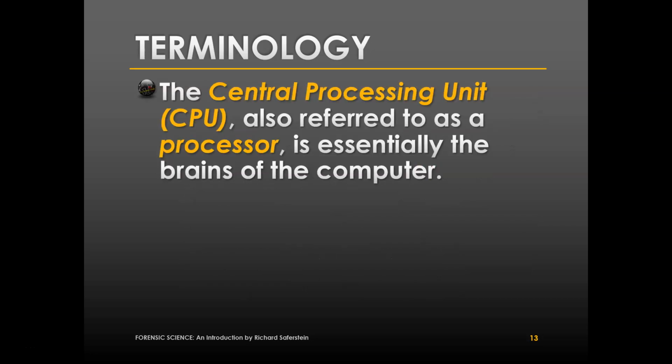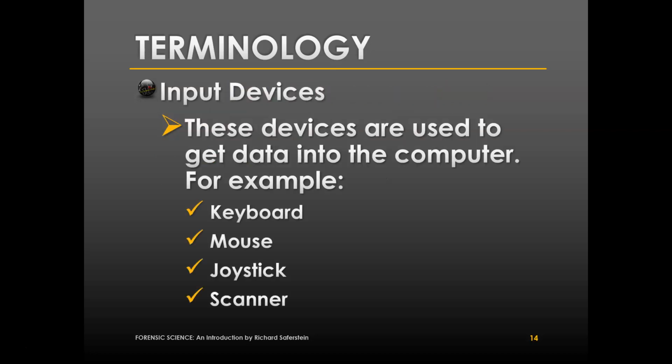The central processing unit, also called the CPU, which is also referred to just as the processor, is essentially the brains of the computer. It's telling the computer what to do and when, just like your brain tells your body what to do and when. We also have input devices, and these are devices used to get data into the computer.